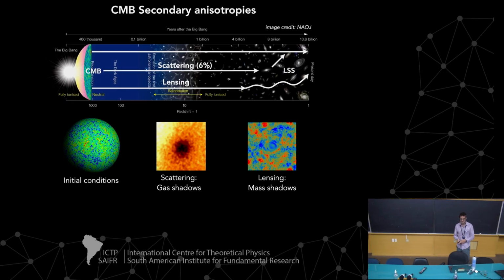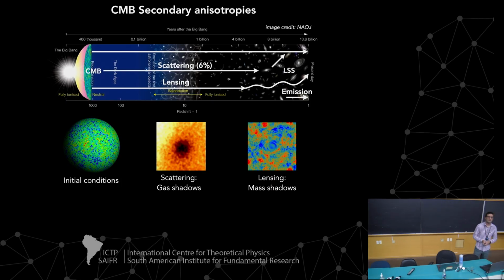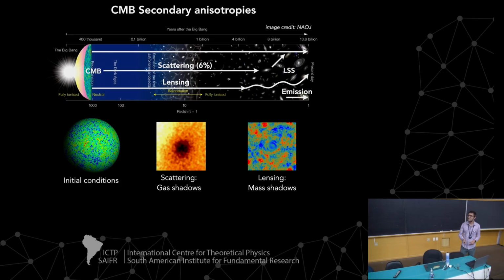And something else to mention is that the cosmic microwave background is not the only light out there at microwave frequencies. A lot of things emit at microwave frequencies. And so you will see just light being emitted by galaxies, including our own, at these frequencies in different ways.